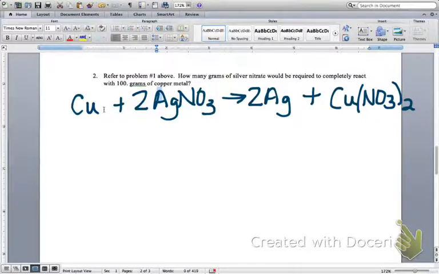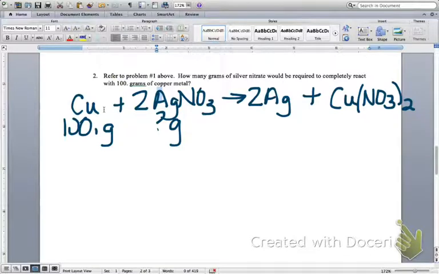Okay. This time, it says how many grams of silver nitrate? Which substance in this chemical equation, you guys, is silver nitrate? AgNO3. How many grams of silver nitrate, it says, are required to completely react with that 100 grams of copper? Okay?